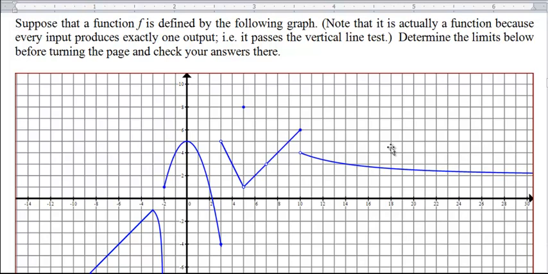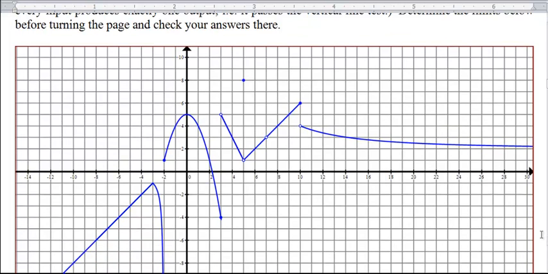It is actually a function. If you look at it, every input gives you only one output, in other words, it passes the vertical line test. For example, when x is 10, the point is here, but there's not one down here or anywhere else on that vertical line. You can do a similar thing anywhere along here.